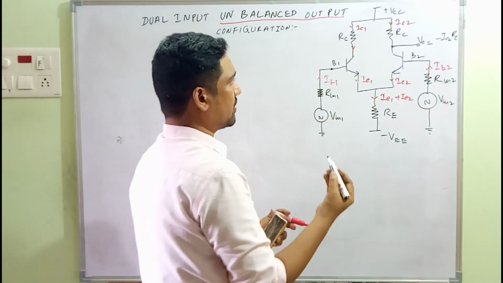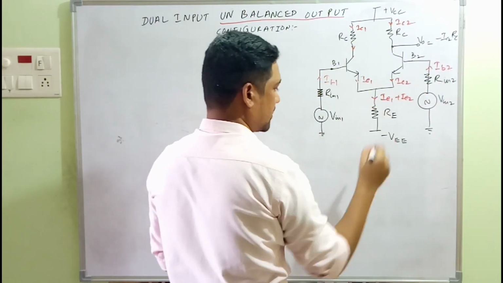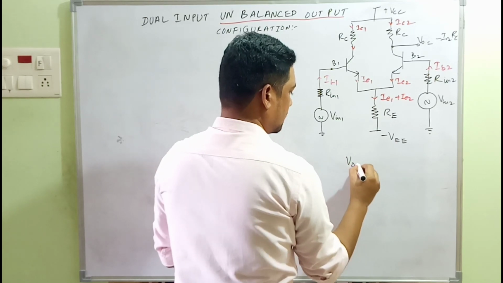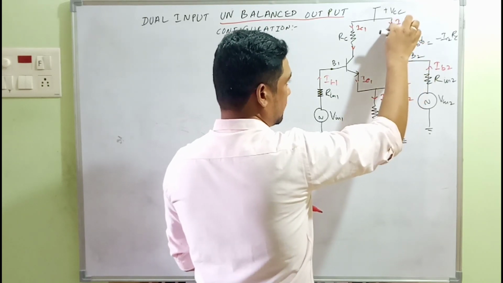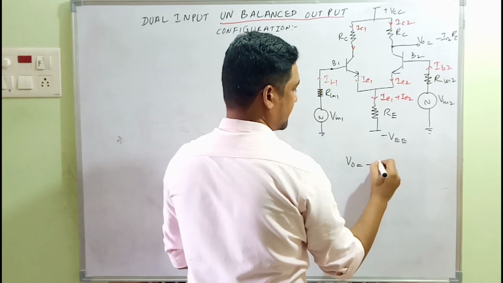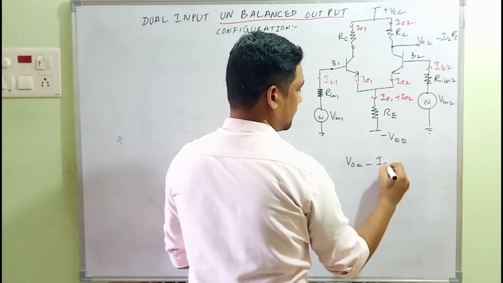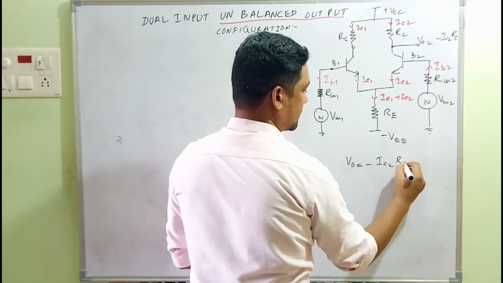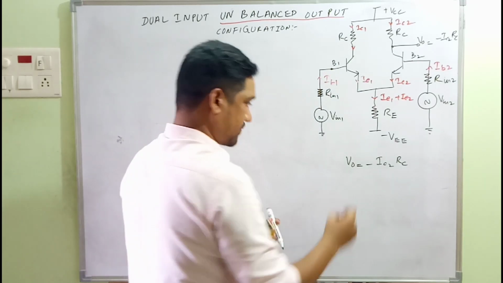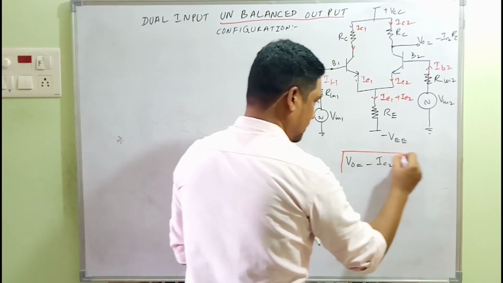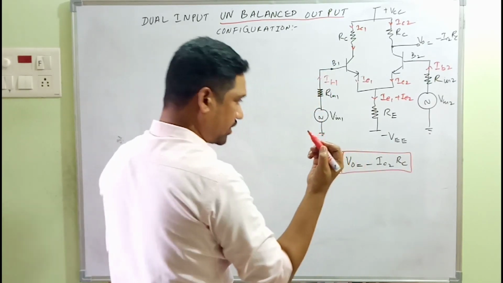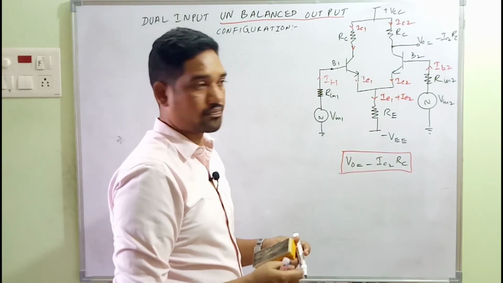Once again, I am writing V0 for this arrangement. V0 will be equal to, as current is flowing in this direction, minus IC2 RC. We have to get back to this expression, to reach the expression we are in search of.